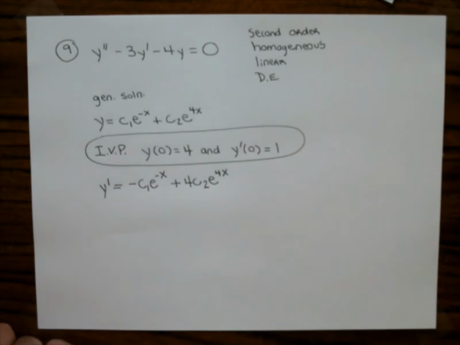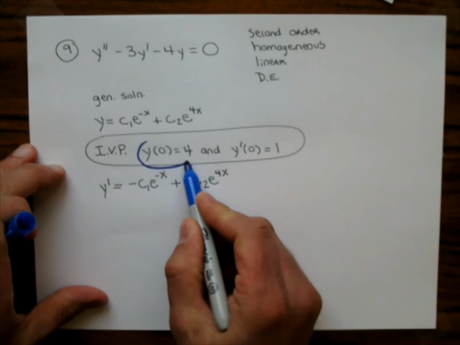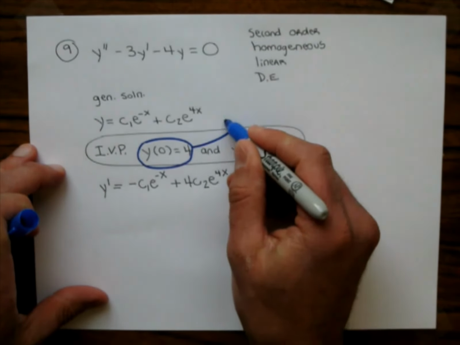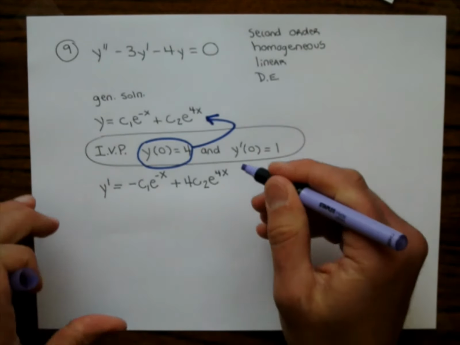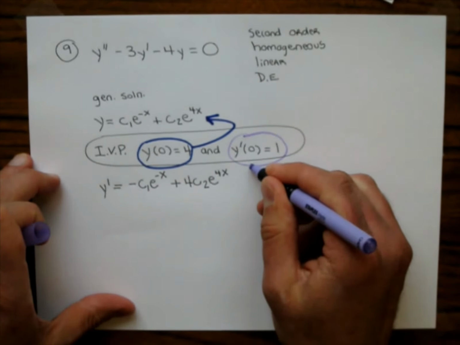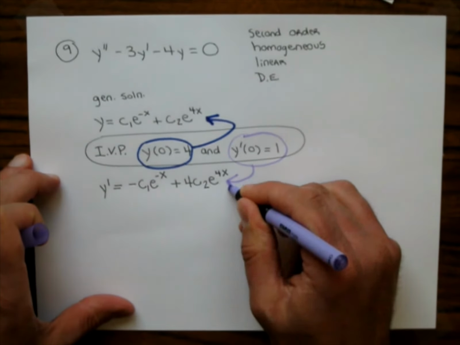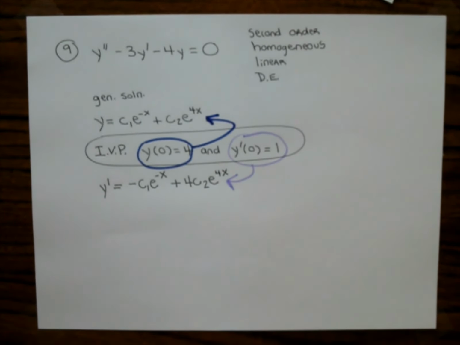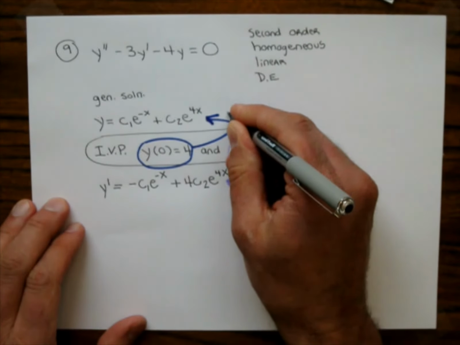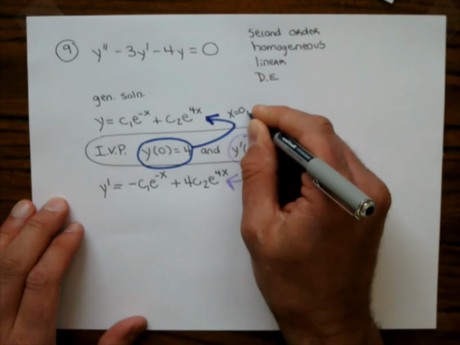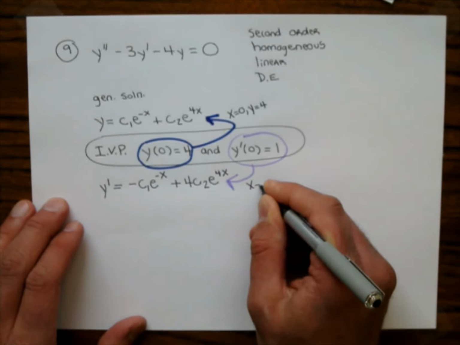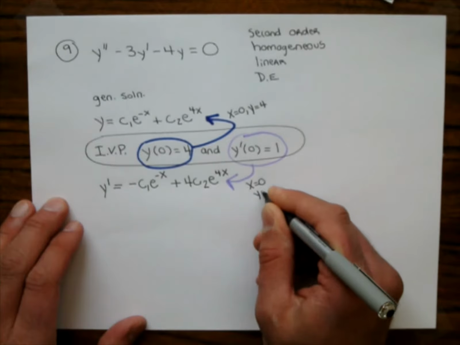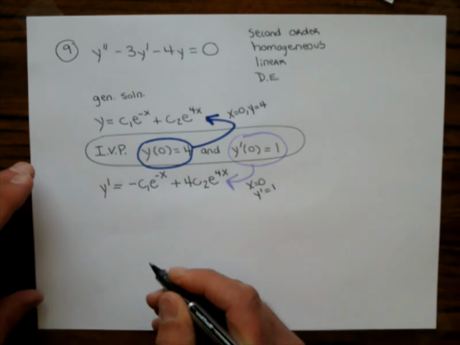So I'm going to put this guy right here up there, and that guy right down there. Oh, purple and blue, they're almost, yeah, maybe I should have picked a different color. And so this one says x is 0, y is 4. And then this one says x is 0, y prime is 1.